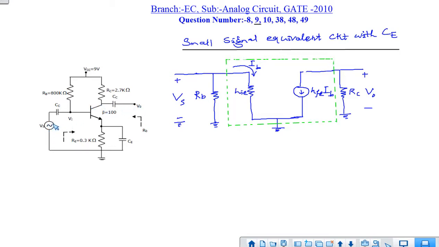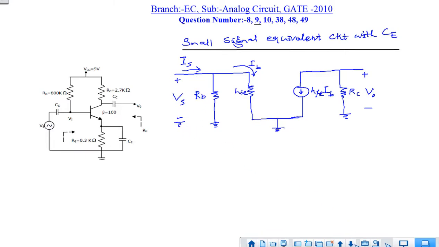The input voltage Vs will be there, RB will be connected like this, and the transistor circuit will be represented by this box. Here hie is the internal base resistance of the transistor, and this is the current dependent current source hfe IB. Suppose IS is the current flowing here.